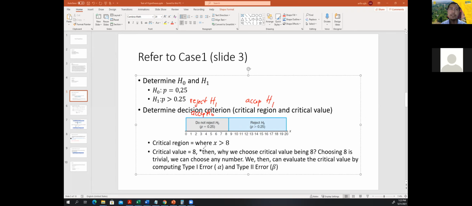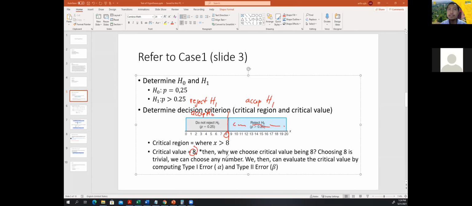The critical value at this time is 8, and the threshold is here, and the critical region is where x is greater than 8. This is the critical region. The critical region is the region where we reject the null hypothesis.